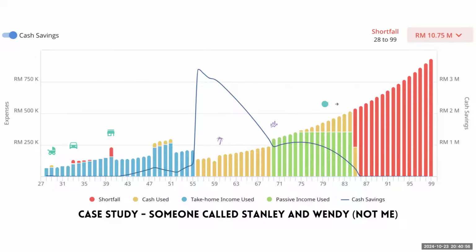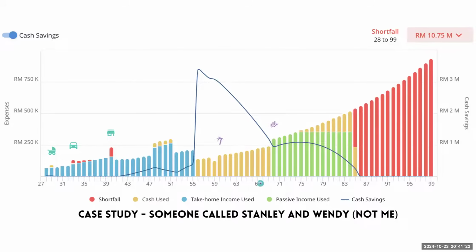And the y-axis is only the yearly expenses. The line on the right-hand side indicates your cash savings, including your emergency funds and everything you have in cash, and how it grows and dwindles over time.